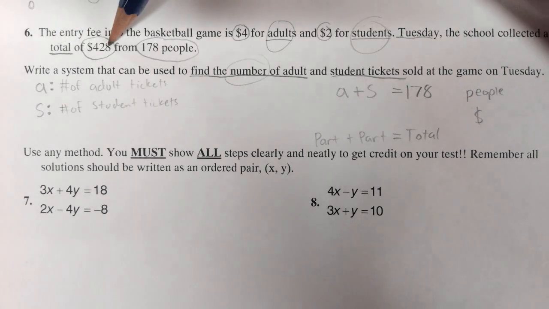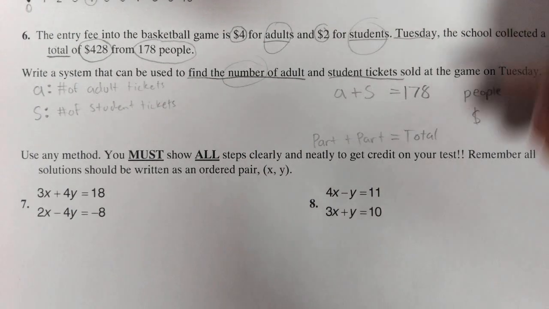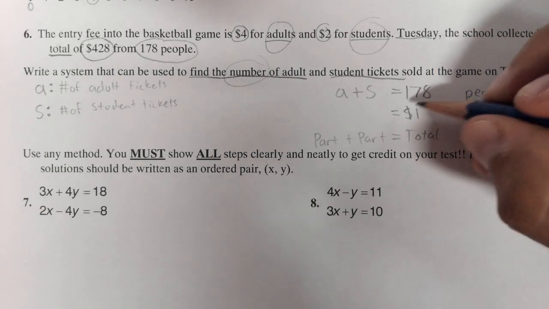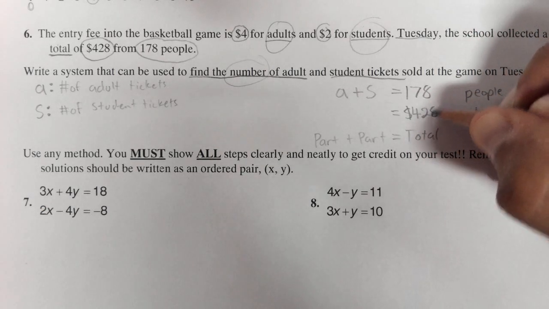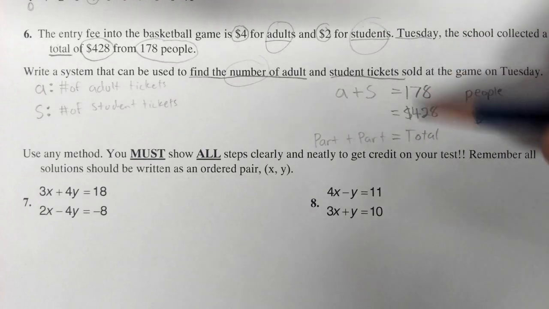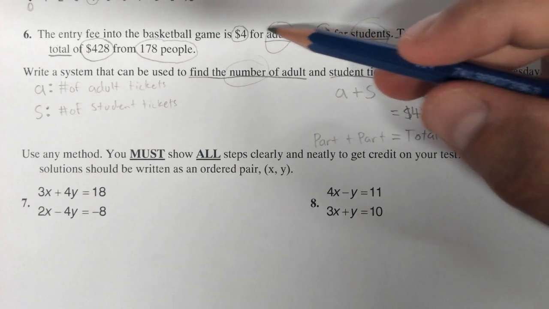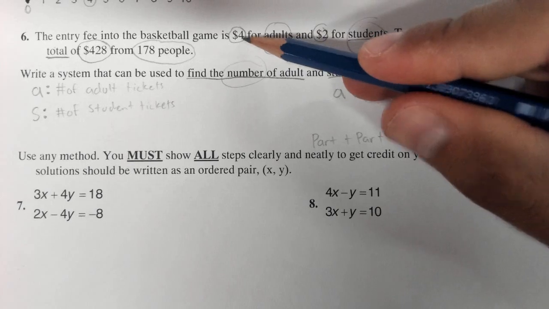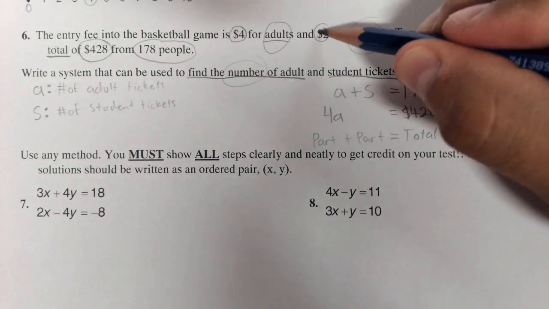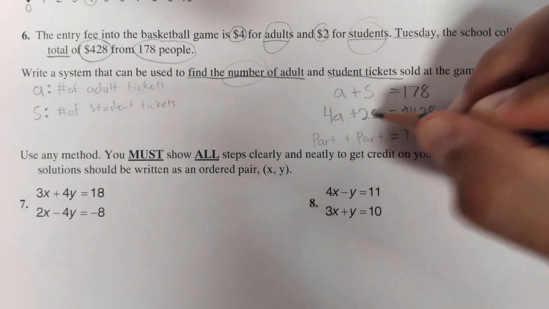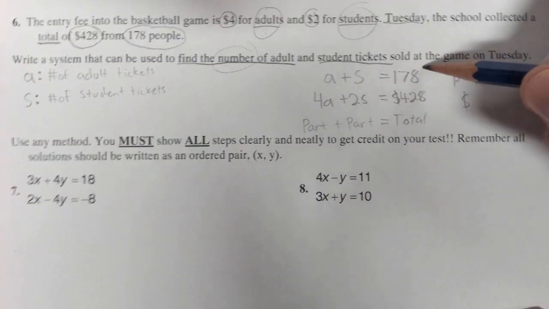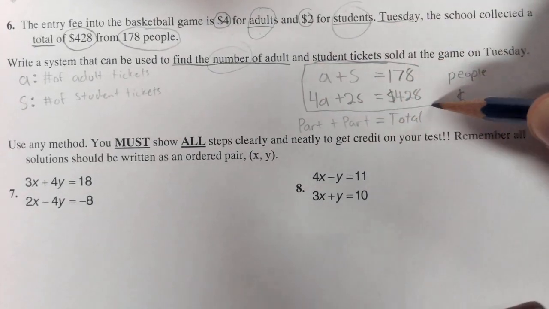This time the total is that we have $428 collected. And then to figure out my total, how I got that total, I just basically tack on that each adult pays $4, which I can write as 4A, and then each student pays $2, which I can write as 2S. Right, and so these would be my 2 equations.